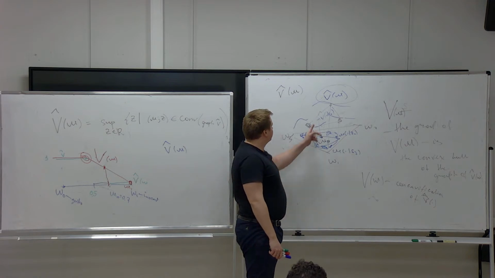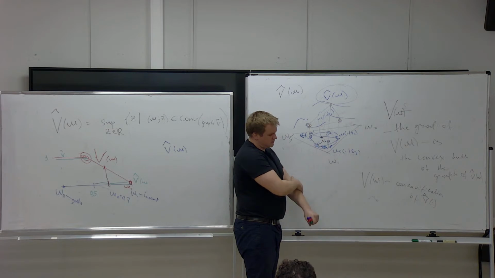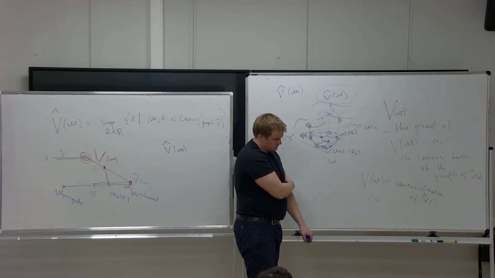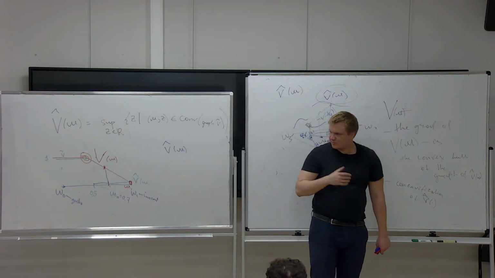We just compute this v hat of n, and then we find this concave function. Yeah, the function should be concave. It's like the smallest.